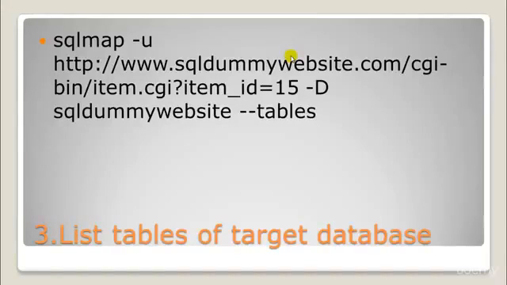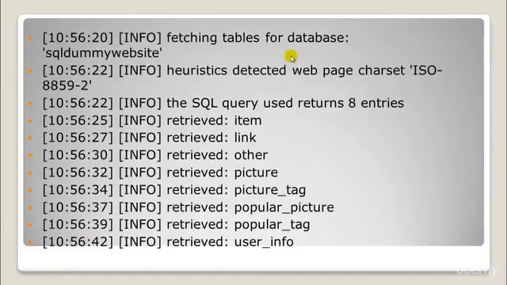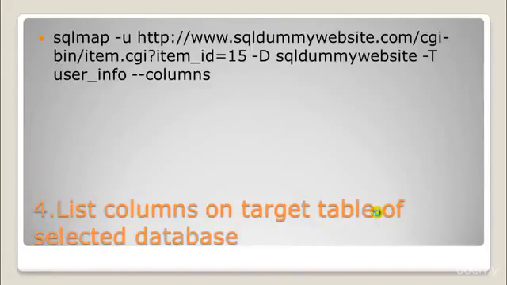So this will get us these 8 different tables. It's more than 8 obviously, but these are the tables that we will get. That's fetching tables for the database, heuristics detected web page, and so these are the 8 tables that we will be getting. Item, link, other, picture, picture tag, popular picture, popular tag, and user info. And of course, we want to check what's inside the user info table using sqlmap injection, as that table probably contains usernames and passwords.